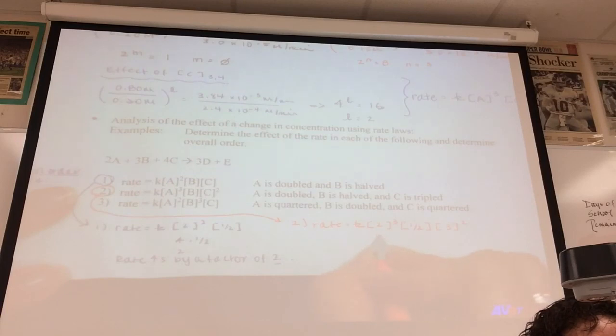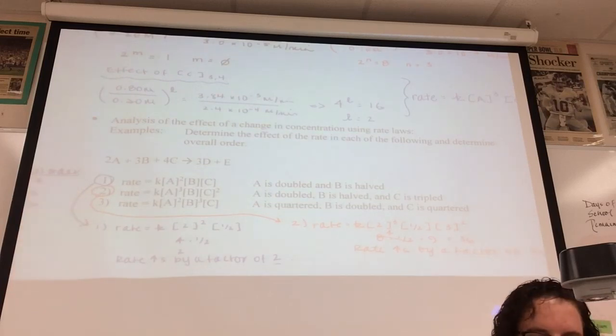I've got 8 times 1/2 times 9. I'll simplify that to 4. 4 times 9 is 36. So the rate increases by a factor of 36.